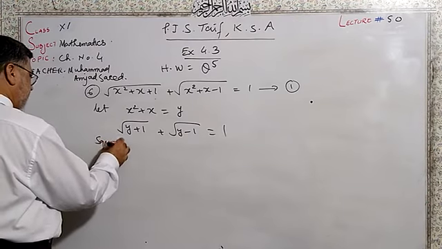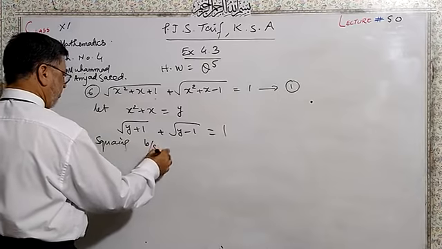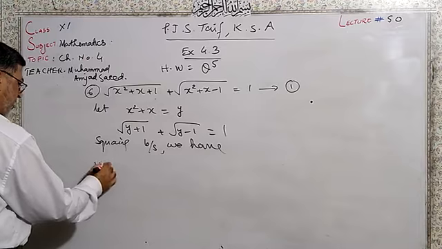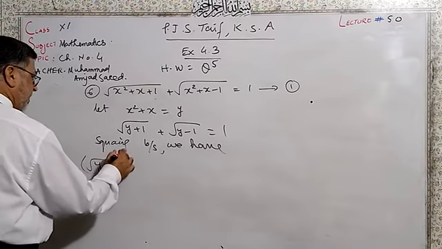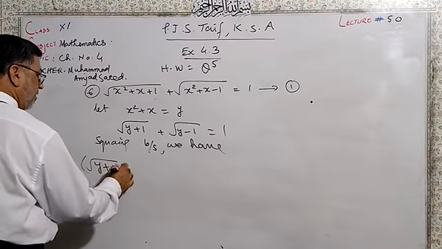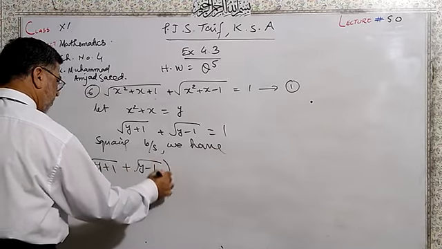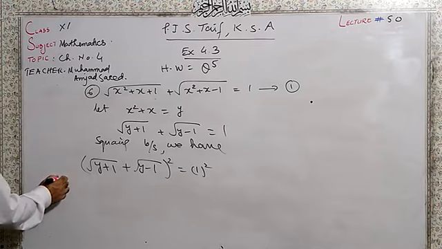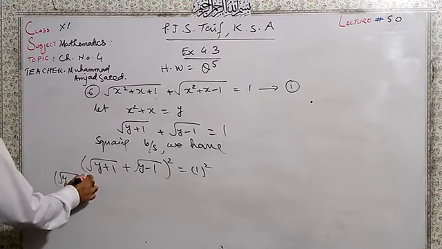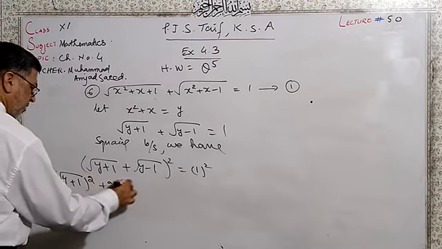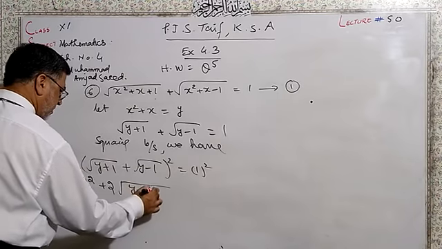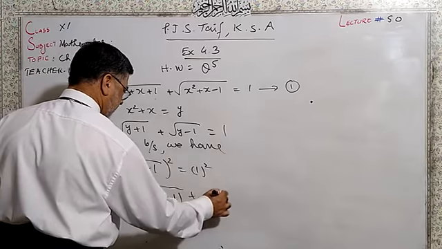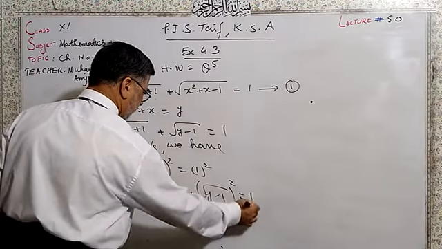Squaring both sides, we have square root of y plus 1 whole square, plus square root of y minus 1 whole square, is equal to 1 square. Open up the formula of square. This is first square plus 2 into first into second plus second square, that is equal to 1.